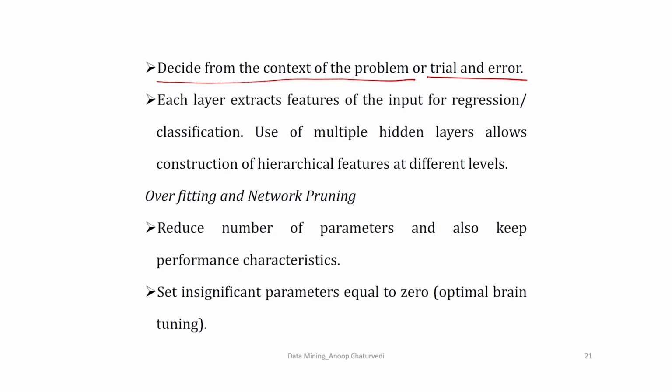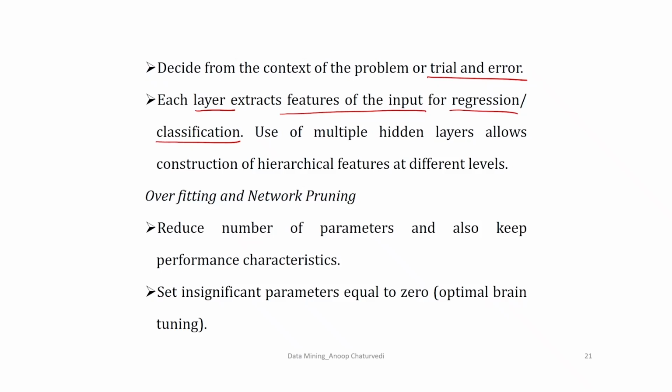Then what is the role of each layer? A network has many hidden layers, and then what is the role of each hidden layer? Actually, each layer extracts features of the input for regression or classification purpose.